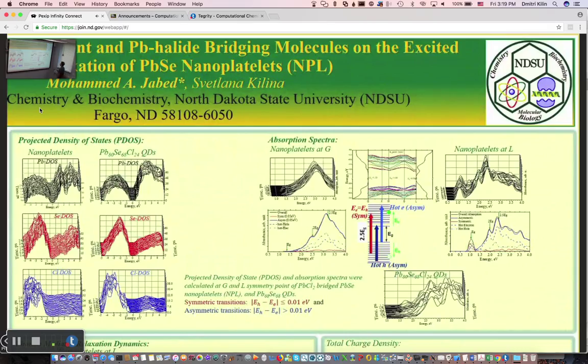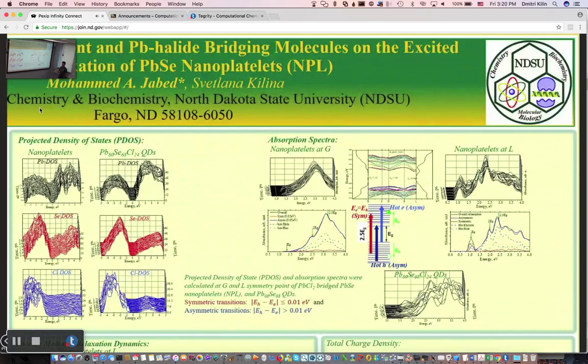And so when we're doing the dynamics, our main objective is to calculate the multi-exciton generation process. If we want multi-excitons from any system, we need to excite it more than two times the band gap.